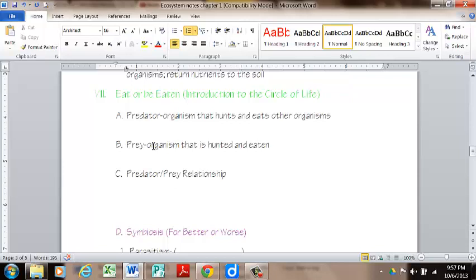So looking back at the term predator-prey relationship in our notes, let's just add for now that the interaction between a predator and prey is called a predator-prey relationship. And it can occur between animals and other animals, or between microscopic animals.